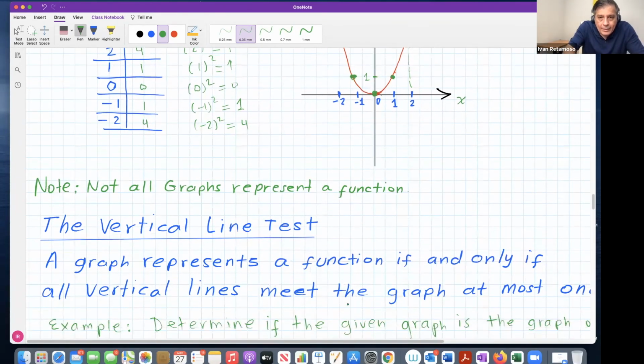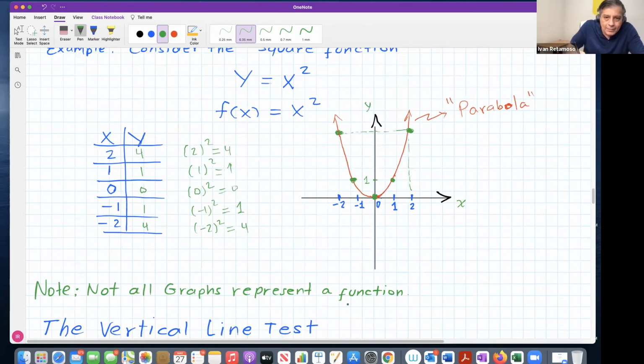Now, mathematicians, when they look at these graphs, they notice the following. When you graph a function, this is always true: if you draw vertical lines to the graph of the function, they will meet the graph only once. Look, once.